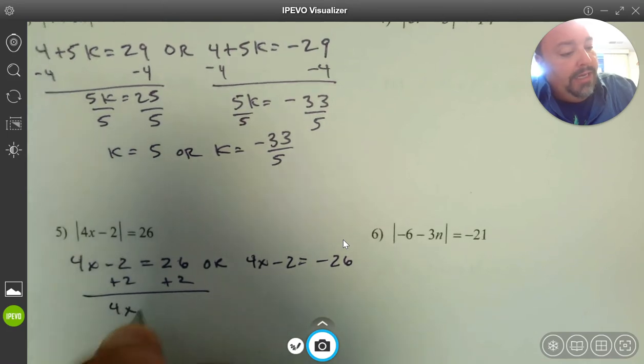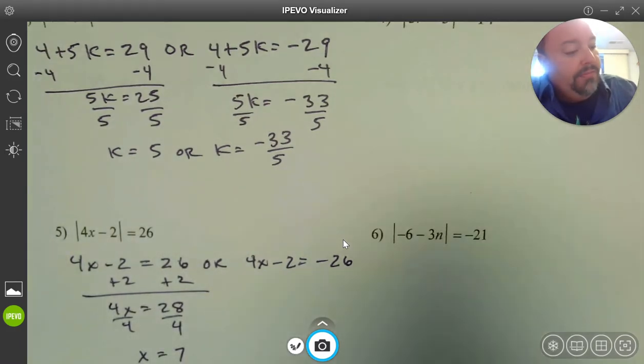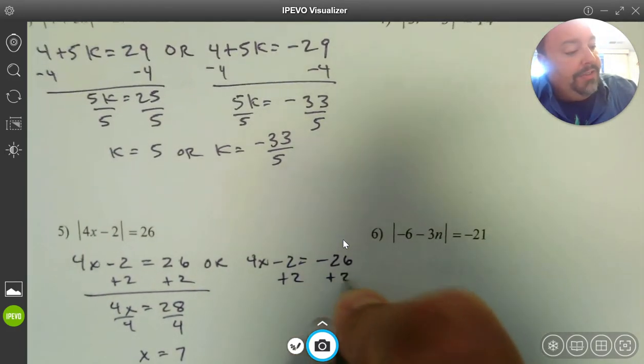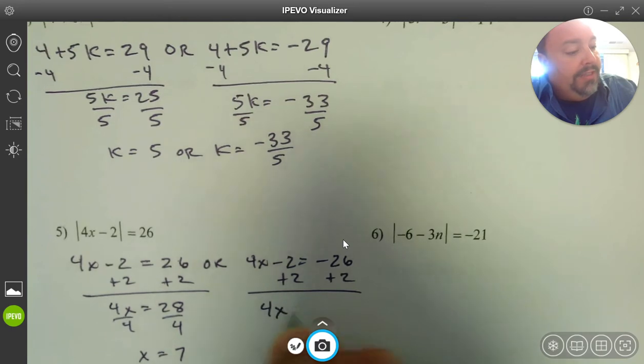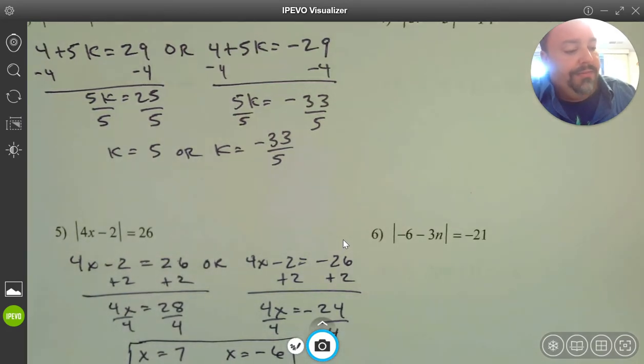We get 4x equals 28. Divide by 4, we get x equals 7. Over here, add 2. We get 4x equals negative 24. Divide by 4, we get x equals negative 6. So there again, we have our answer.